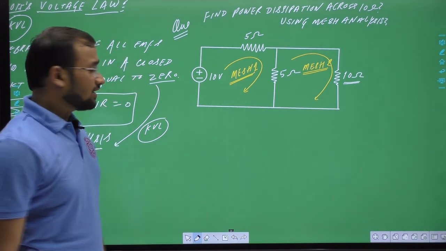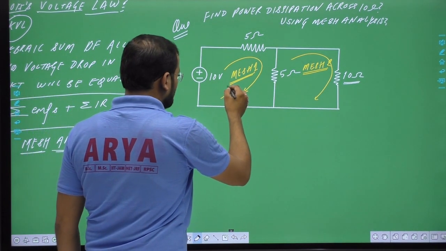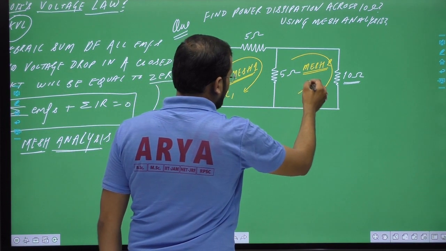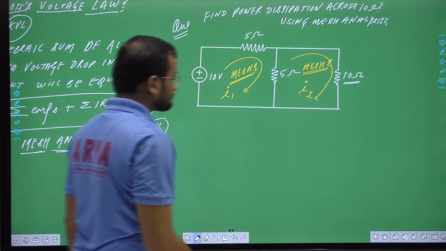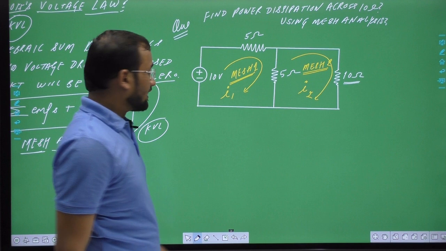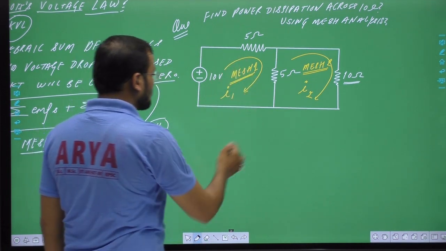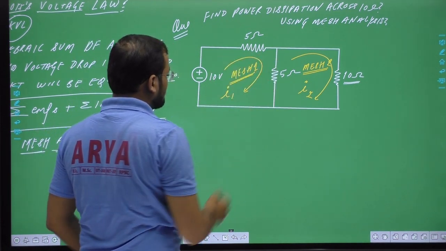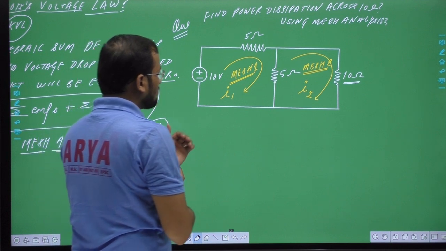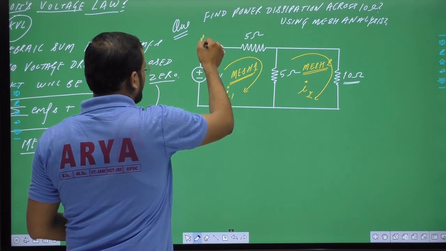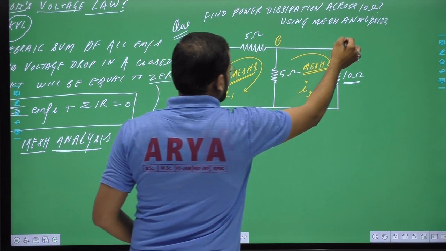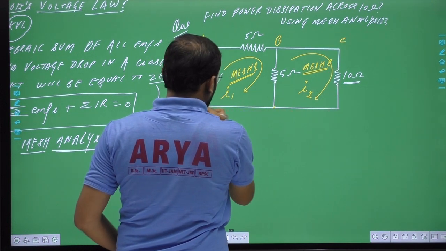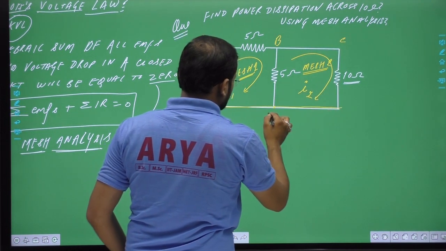Then we have to assign each mesh a particular current. I assigned I1 here and I2 here. Then we have to solve for each separate loop. A, B, C, and this is D.